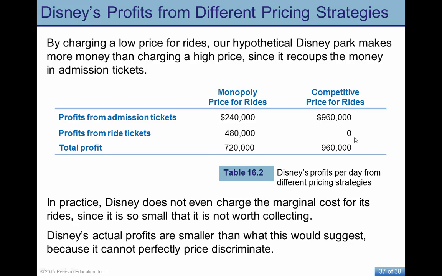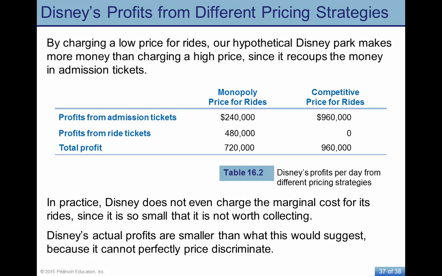Competitive firm, 0. Total profit for monopoly price, $720,000. With competitive price for rides, $960,000. Disney's profits per day from a different pricing strategy are much higher than the single price profit.